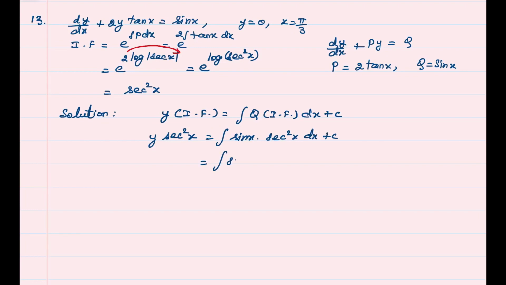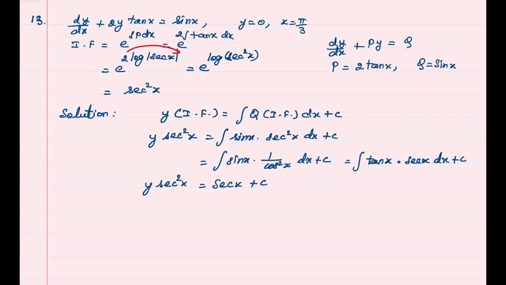I can write secant square as 1 by cos square. Sin x by cos x is tan x and 1 divided by cos x is secant x. And we have a direct formula for the integral of tan x secant x, which is secant x.